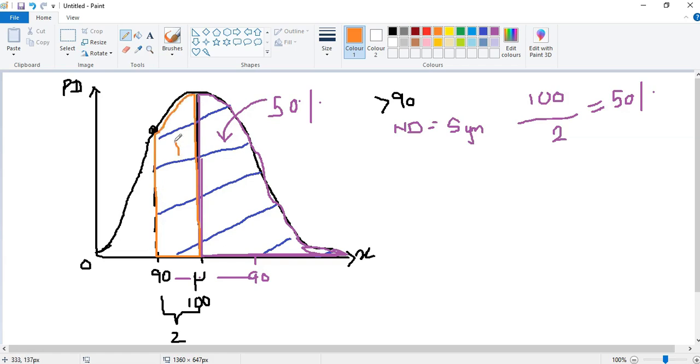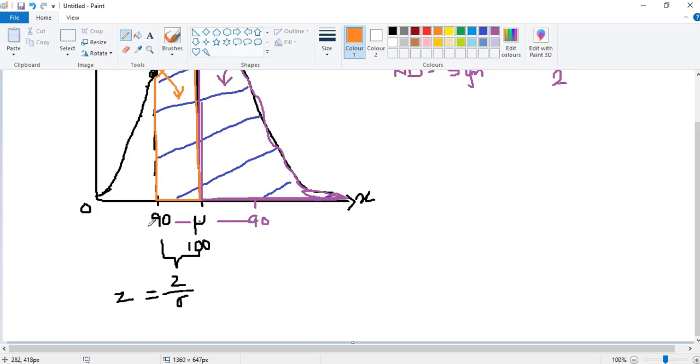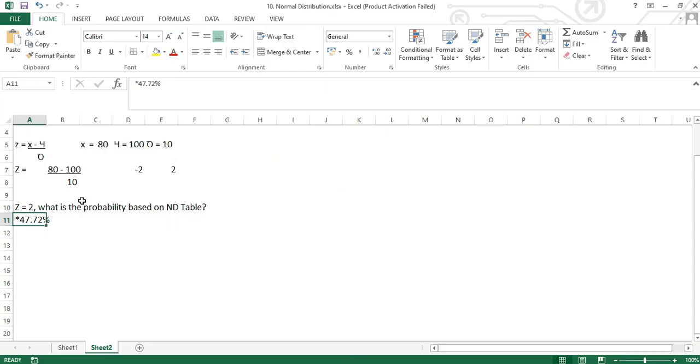Now for finding the probability, we should use the normal distribution table. To use the normal distribution table, we have to find the Z value. I told you the Z value is the gap between the mean and the actual value, divided by the standard deviation, as per the formula. So let's apply the same formula for the above 90 scenario.